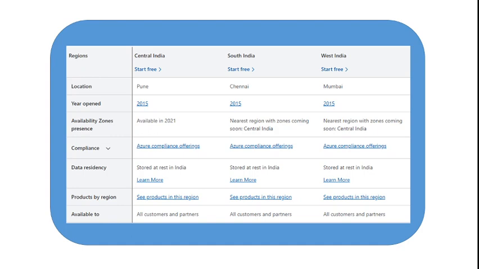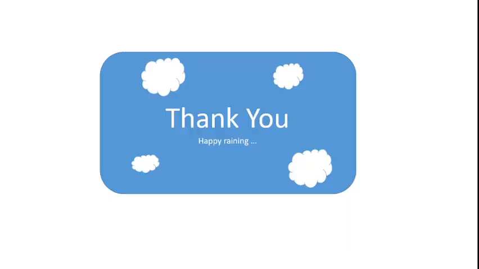Right now, availability zone is not present in India, but as per the Microsoft documentation, the availability zone is coming in 2021, which is located at Pune. So, for example, if you create any server in Chennai or Mumbai, then you can choose the availability zone as Central India, which is Pune, from 2021. Thank you.